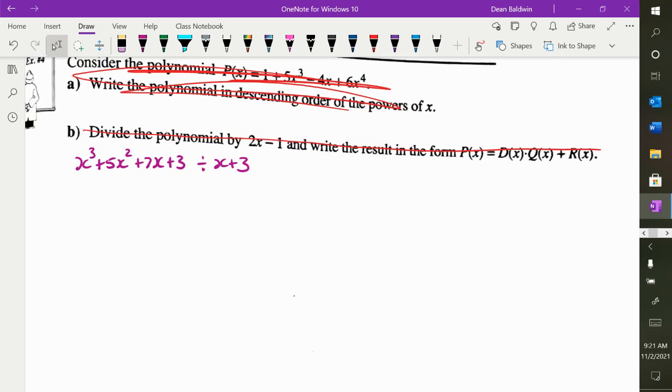Check to see if the exponents go down in descending order. Do they? Does it go 3, 2, 1, 0? Yes, we're not missing anything. So we're good. So now you can write it out. So x plus 3 plus 7x plus 3.